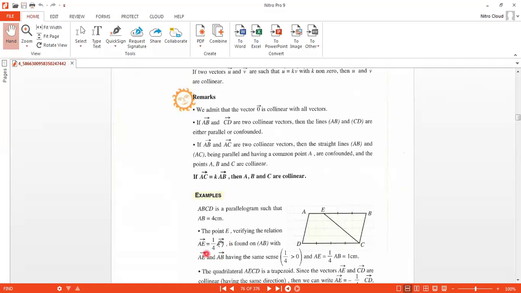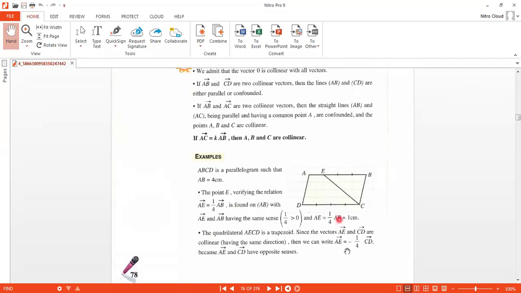Because they have a common point A, and here we have a constant k. Also, you can construct E in any other option, for example, AE equals minus 1/4 CD. This is AE and this is CD. These two vectors are not collinear, they have the same direction.